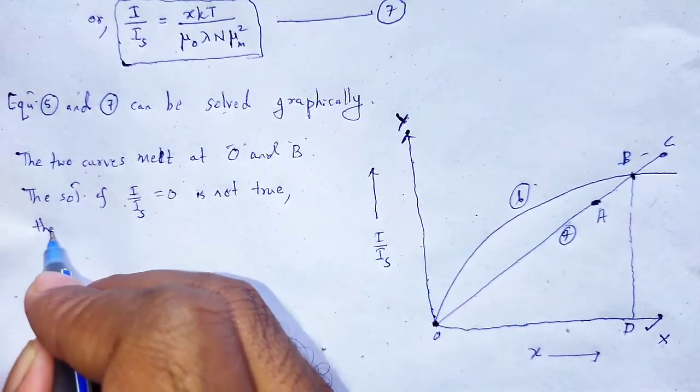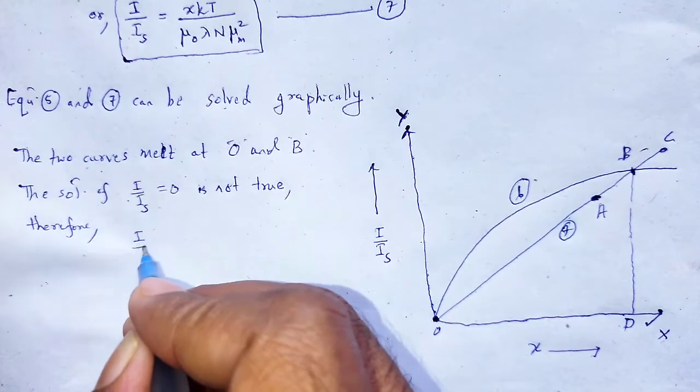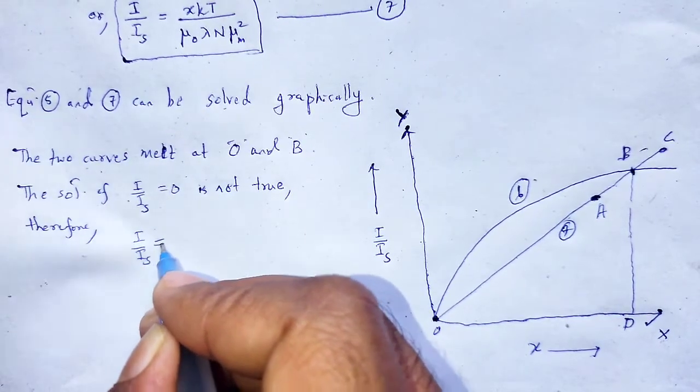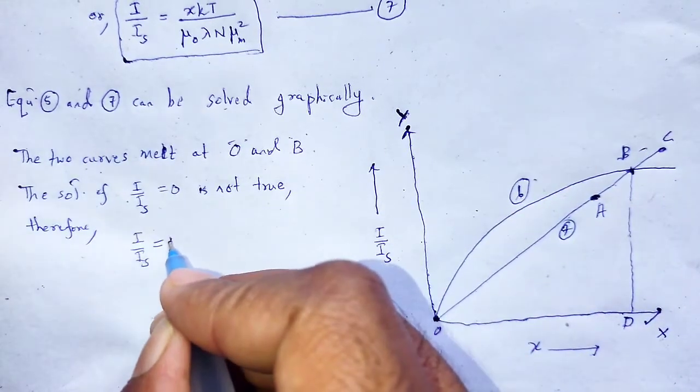Therefore, I by Is is equal to that point, which is equal to BD.